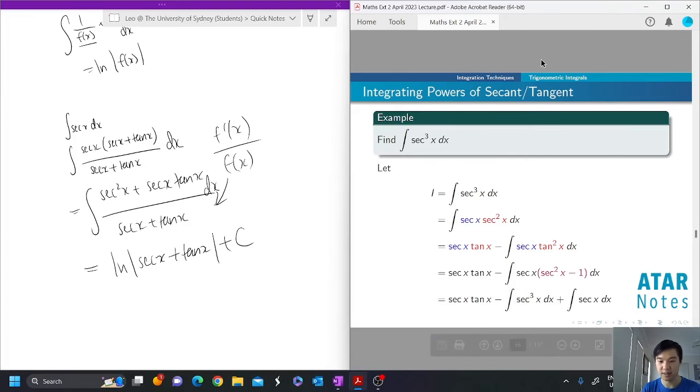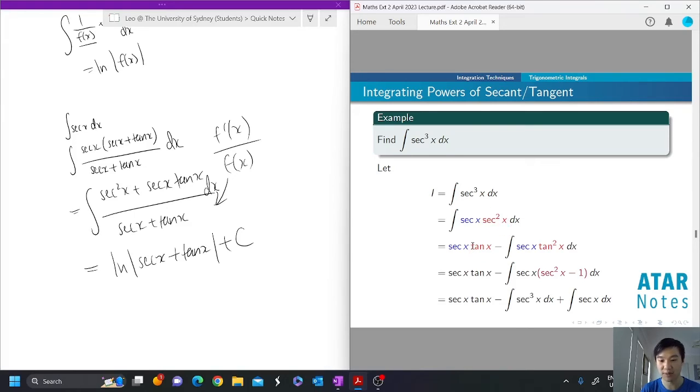And here, if it's just sec and it's all odd, you can try breaking it into two and then use integration by parts. Notice how we've strategically split it into sec x and sec squared x, because we know that we can integrate sec squared x quite easily. So in red, this is our v dash.